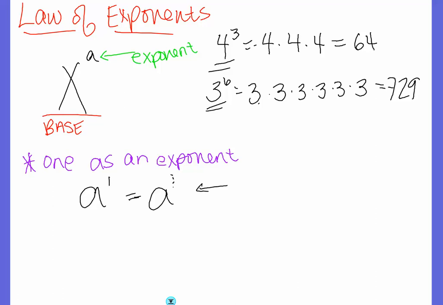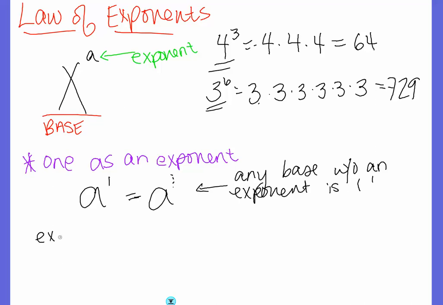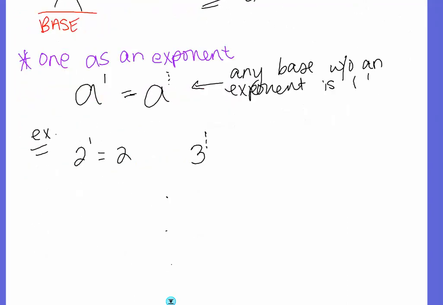If we write that down so we have it: any base without an exponent is 1, meaning the exponent is 1. Okay? So if I have 2 to the first power, that's the same thing as 2. If I have 3, 3's exponent is an invisible 1. So that's what the first rule tells me.